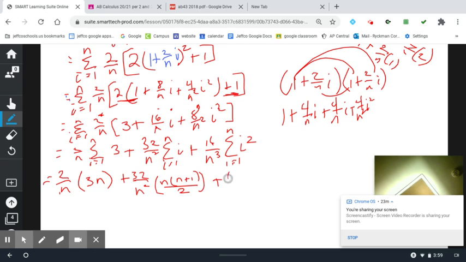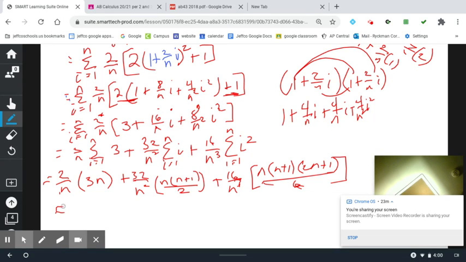And the last is n times n plus 1 times 2n plus 1 over 6, and that's a cube. Okie dokie. So, yikes.